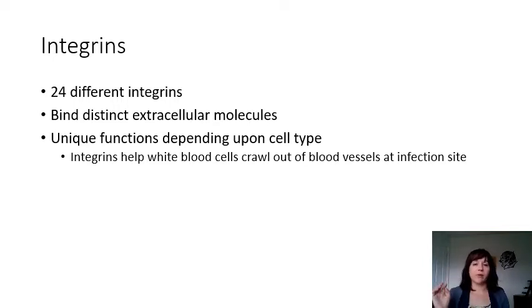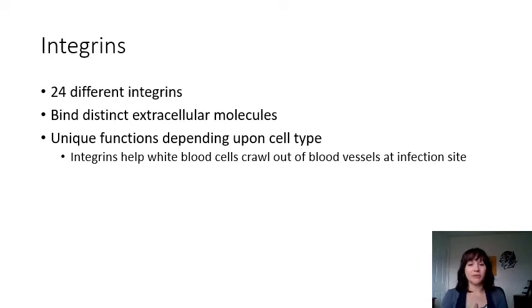And so what happens is these integrins are expressed on the surface of the white blood cells, and they help these white blood cells to attach to the inner wall of the blood vessel where that infection site is present. And that helps them then to squeeze through the blood vessels, kind of in between the cells of the blood vessels themselves, and to escape out of the vasculature.